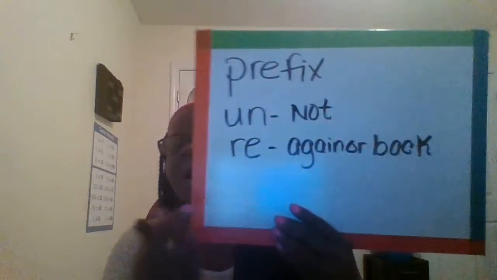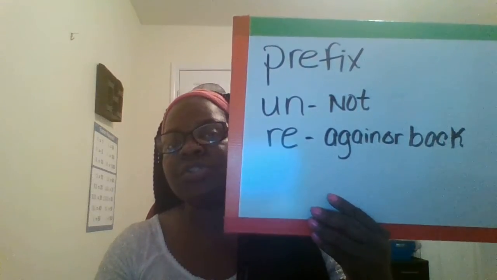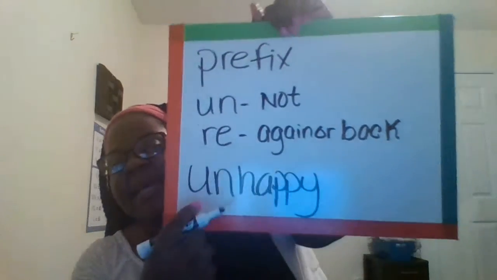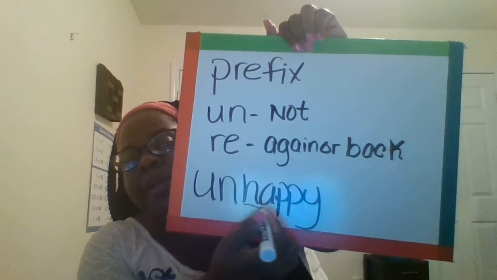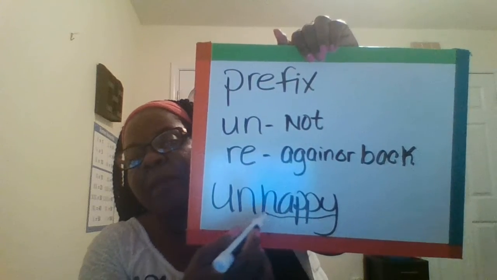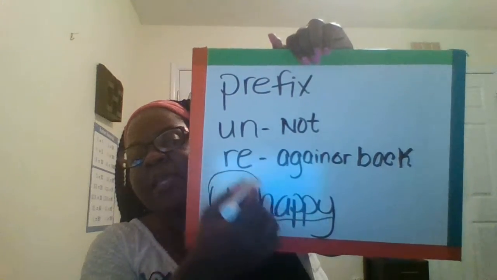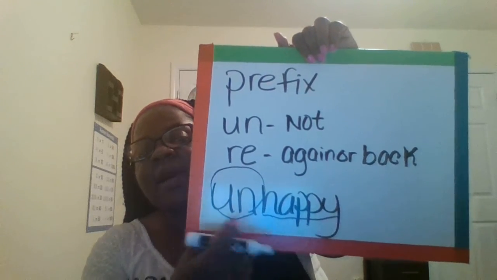So when you see un in front of a root word, and remember, a root word is the word you start with, for instance, my word is unhappy. My root word is going to be happy. My prefix, which is at the beginning of the root word, is un, so unhappy means not happy.